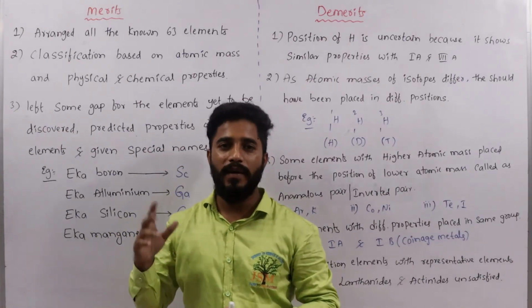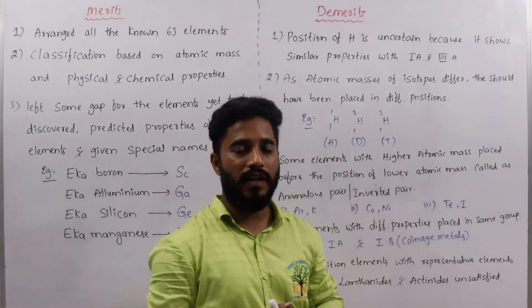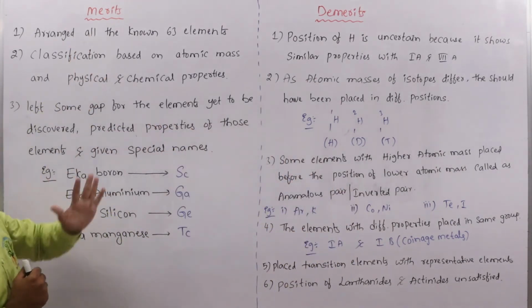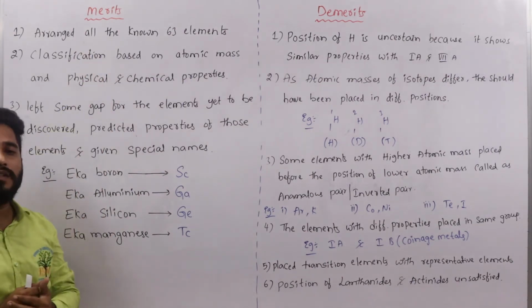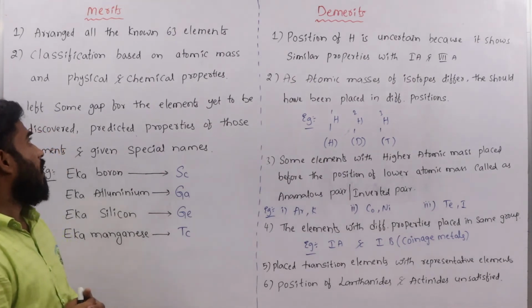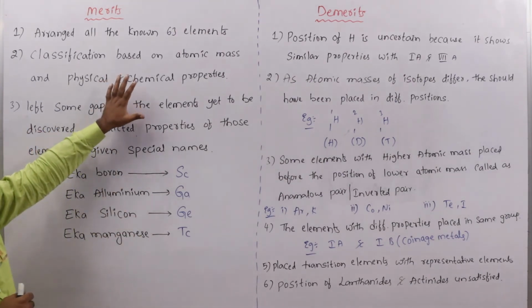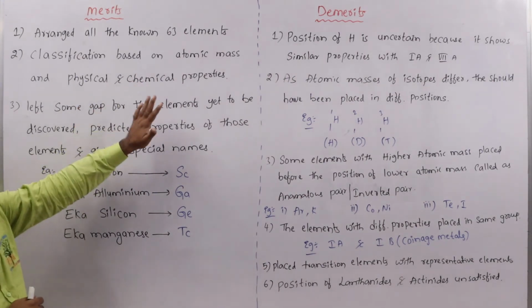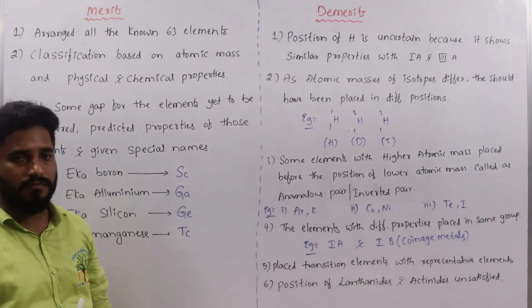We already discussed merits and demerits, so let us see them once again. Coming to the merits, he arranged all the known 63 elements in his periodic table, based on atomic mass as well as physical and chemical properties.